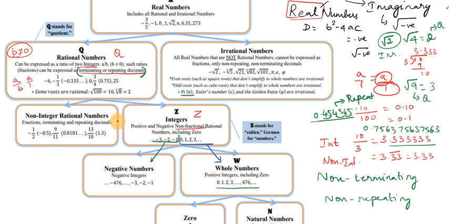Under rational numbers you have integers and non-integers. Integers are non-fractional and non-integers are fractions. Integers are of two types, whole numbers and negative numbers. Whole numbers include positive integers and 0. These positive integers are called natural numbers.